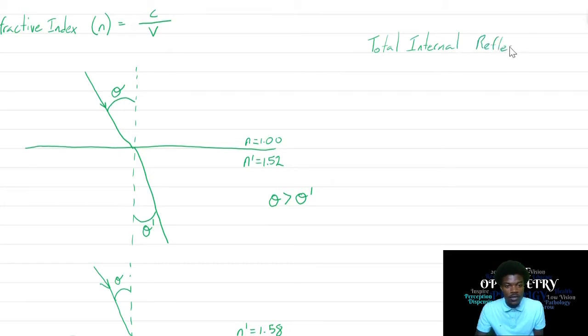This simply occurs when the angle of incidence, we call theta, is more than the critical angle of a medium.